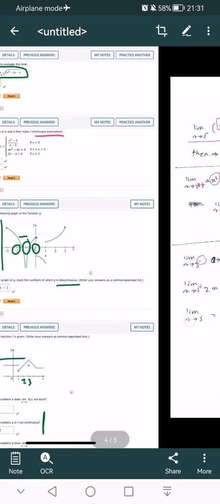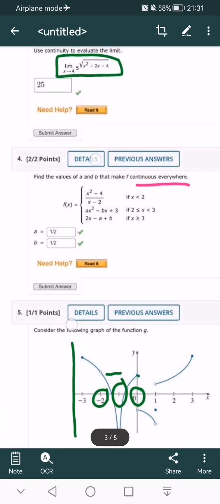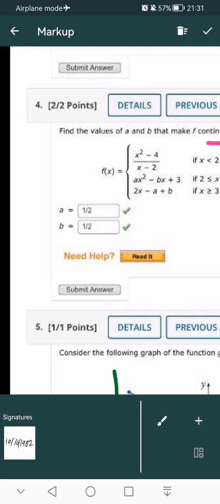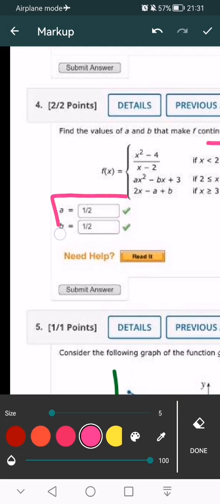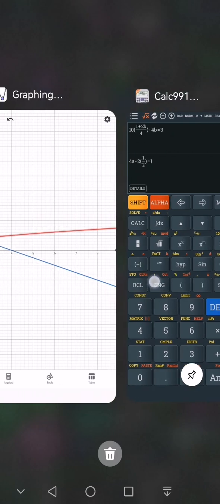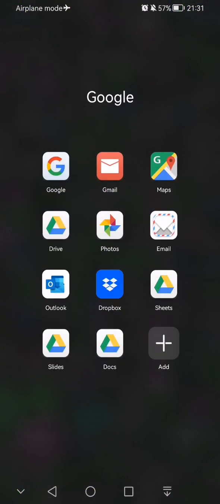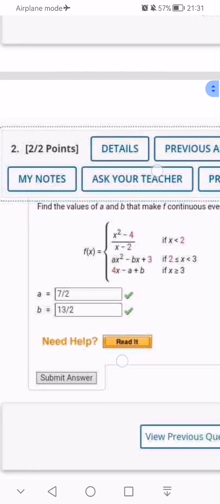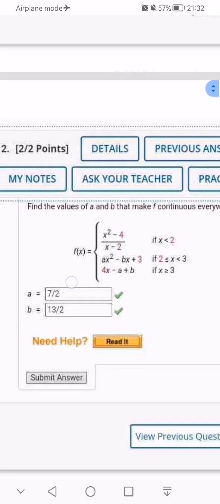This one is a special case that you find here. Now I will show you the other questions. In this question it is the same, but you can see 7 over 2 and 13 over 2.